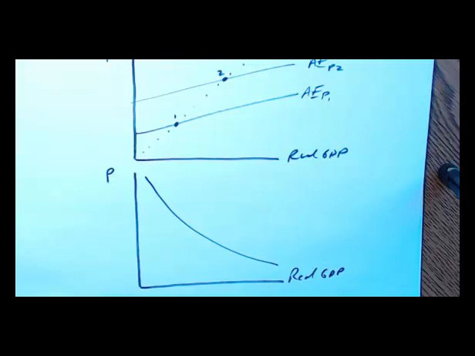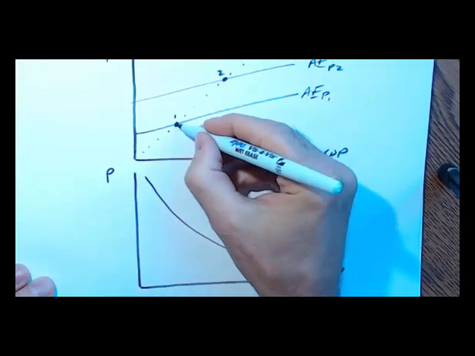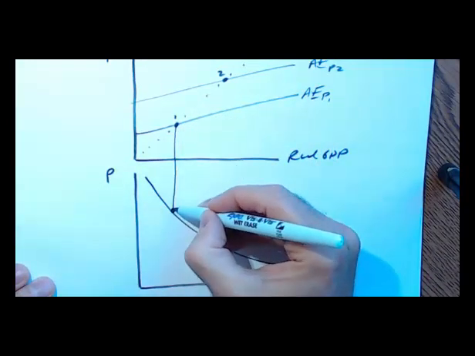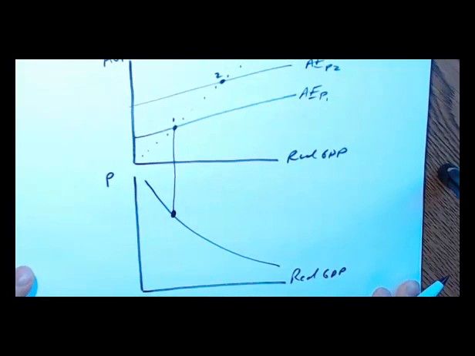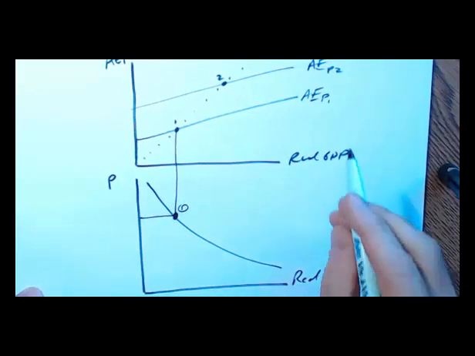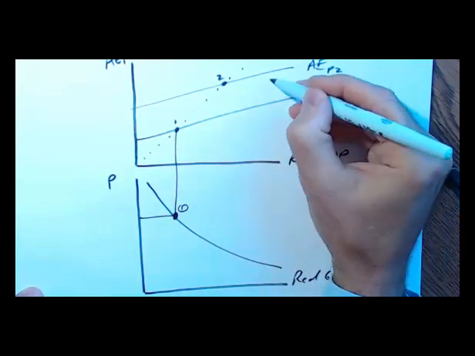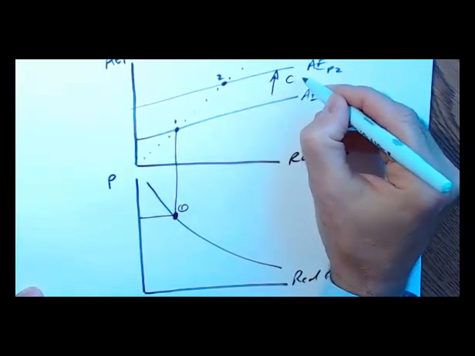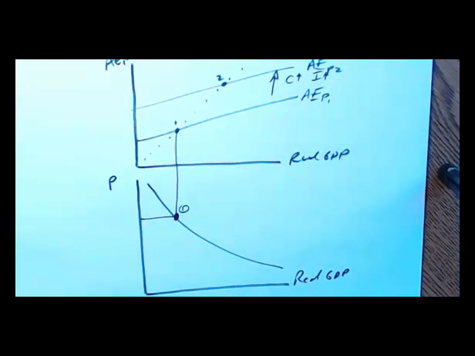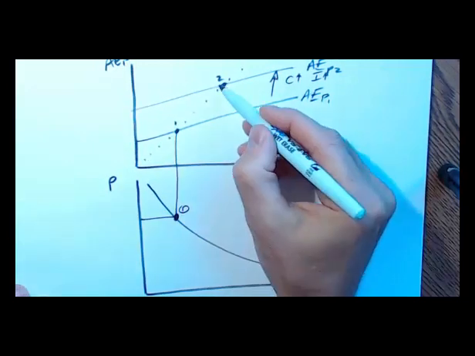So this first equilibrium comes down, and you can say, look, right here is equilibrium 1. It's at a certain price level. So when we dropped the price level and we saw that consumption went up and investment went up due to the wealth effect and the interest rate effect, we shot up.